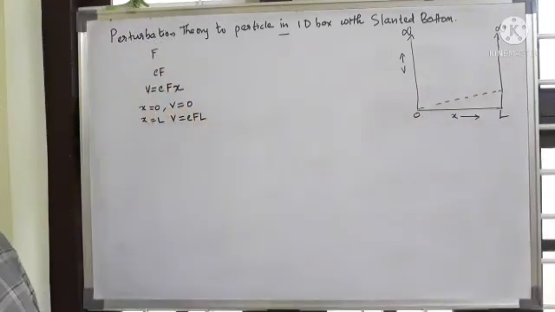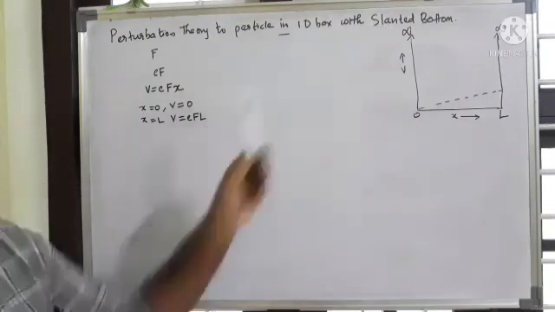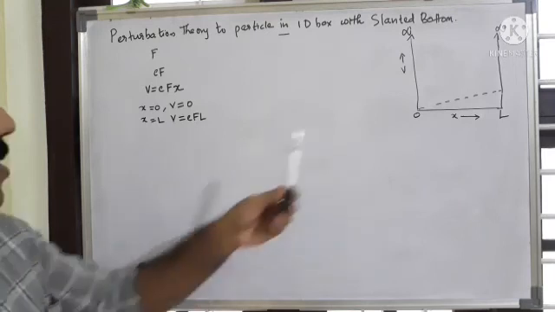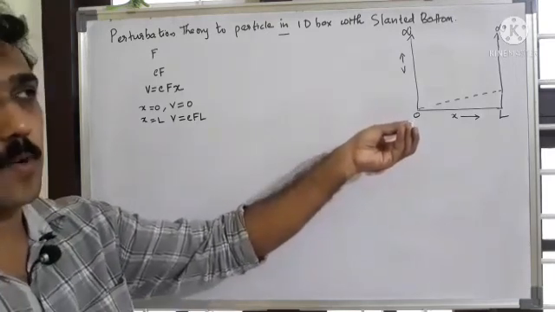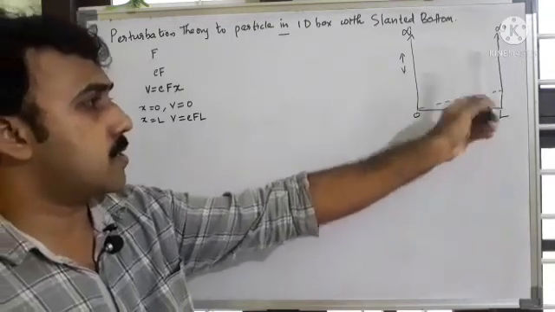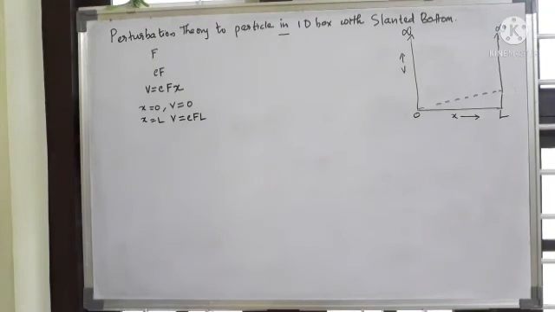So the system is considered as a one-dimensional box with a slanted bottom, because at X equal to 0 the potential energy of the system is 0, and at X equal to L the potential energy rises and becomes V equal to EFL. Okay, do you understand?